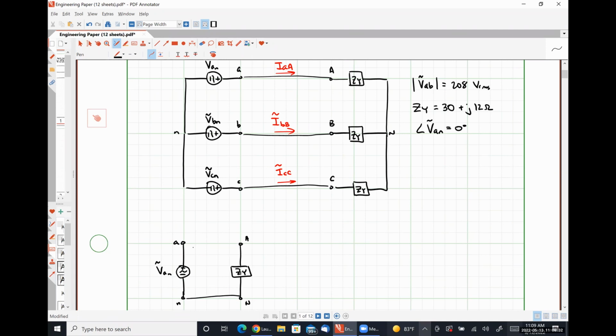And then between lowercase a and uppercase A, we would have any transmission line impedance that we have, which in this case is simply a short circuit.